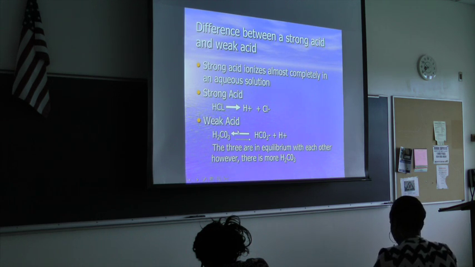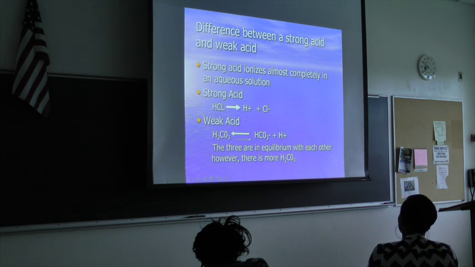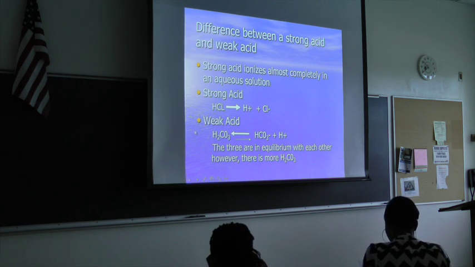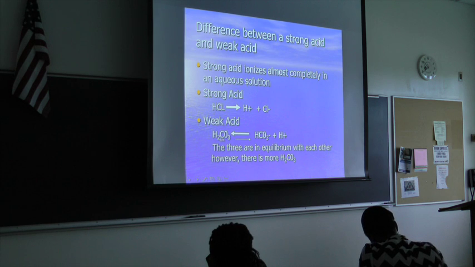Carbonic acid is considered a weak acid. If I didn't tell you that this is carbonic acid, would you remember? Yeah. All right, if not, then just write, squeeze the words in here somewhere so you remember. Carbonic acid is considered a weak acid.